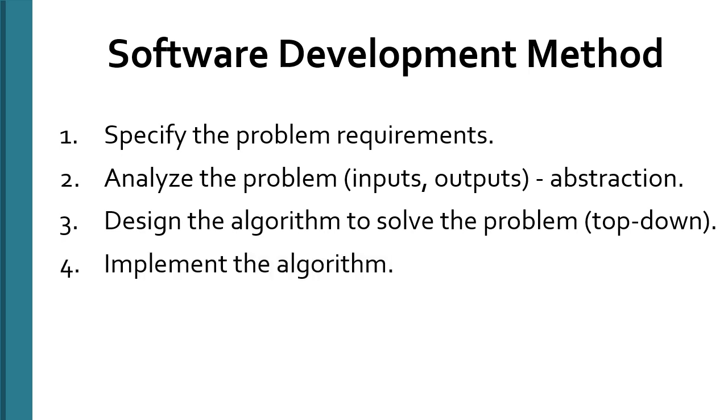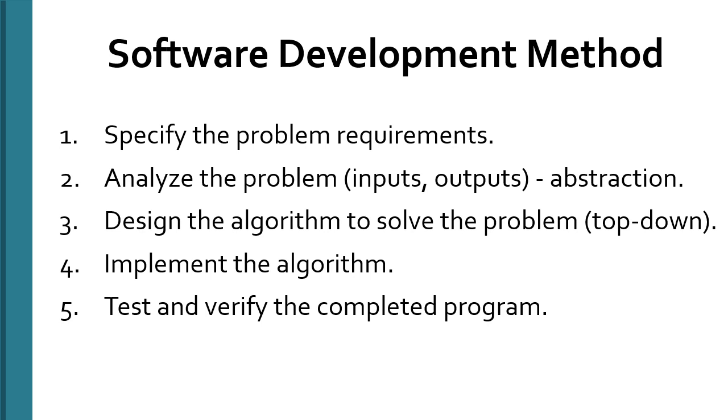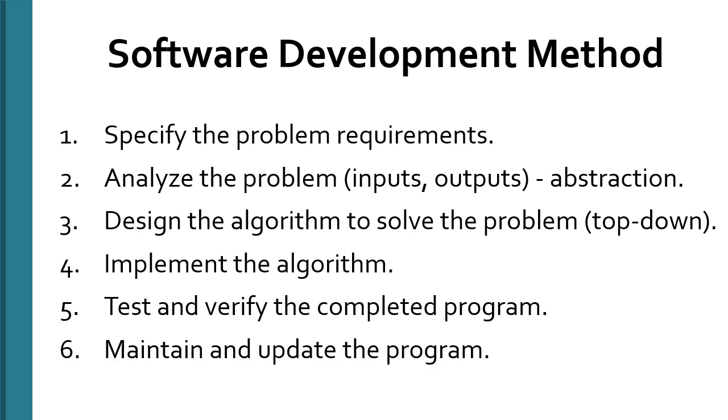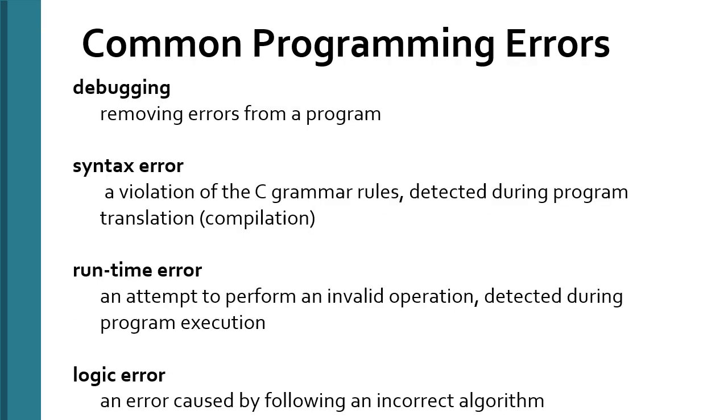Then you can start to implement step by step. Do not try to implement everything at one time. And test, verify and maintain doesn't really apply for this class because we are just making small programs, but you might make something cool that you want to update and maintain later on.